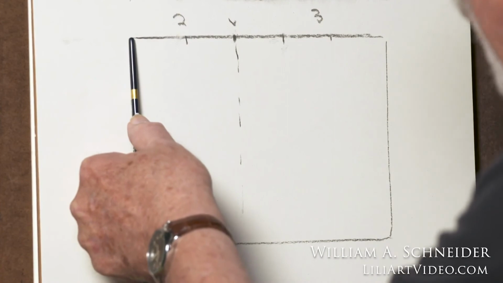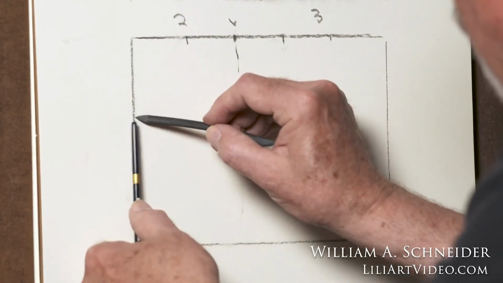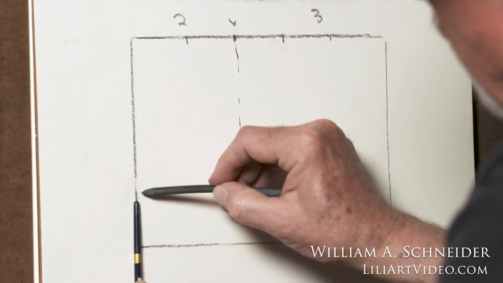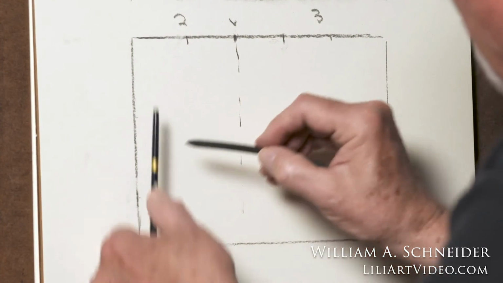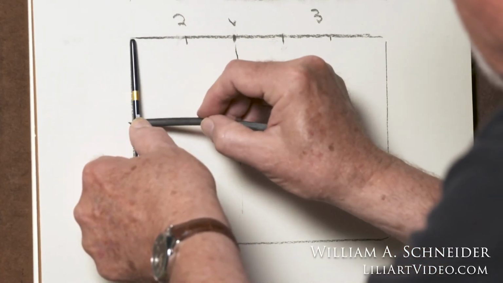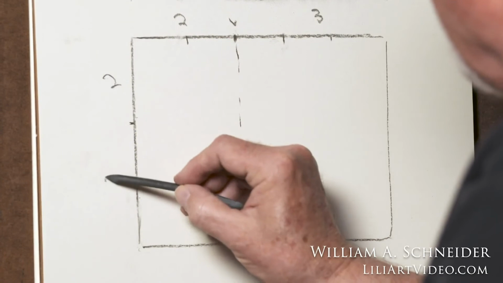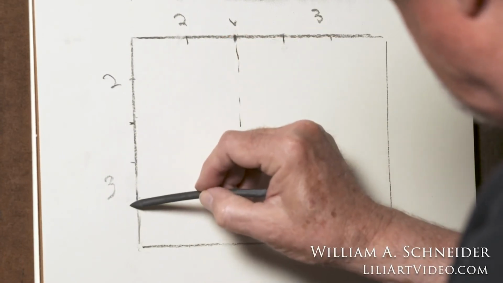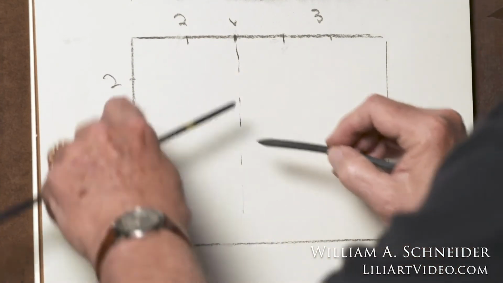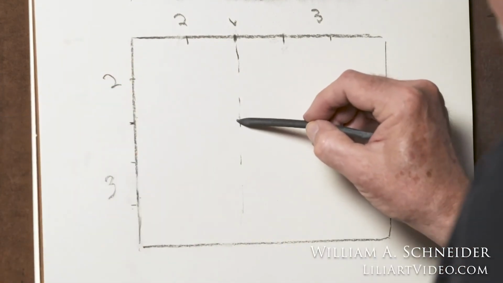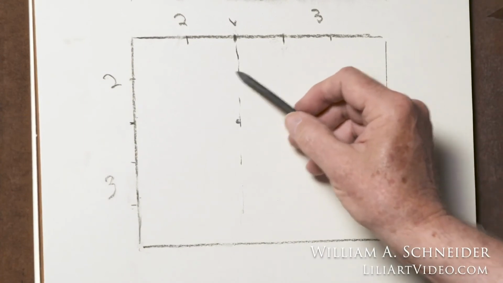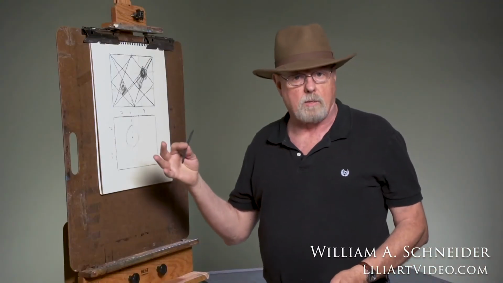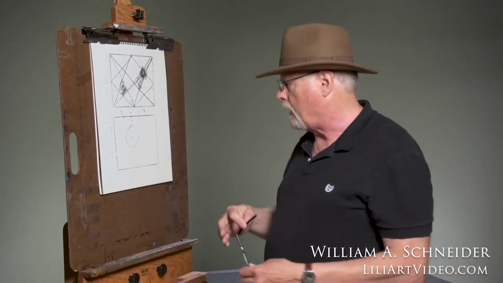This is not absolutely perfect, but I'm just eyeballing it. That's about right. So this is 2, and this is 3. And I'm just showing the subdivisions. So if I put some kind of a center of interest at that intersection point, right there, then I might want a second center of interest, so now it starts to get more complex.